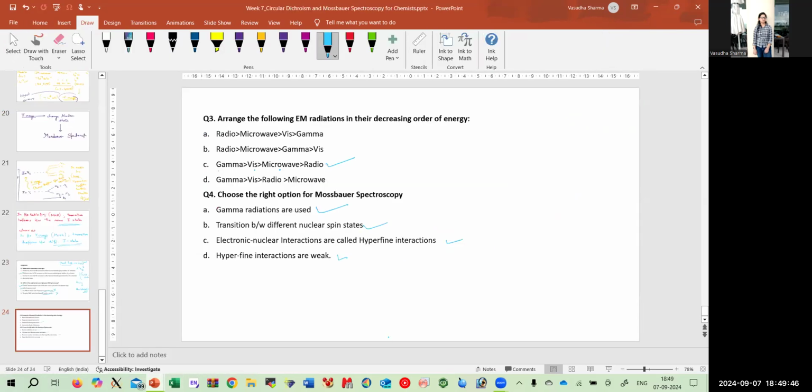The hyperfine interactions, that means when we employ the electronic part and have a combination of both magnetic as well as electronic parts, there would be electronic nuclear interactions that we will be introducing in our coming slide.